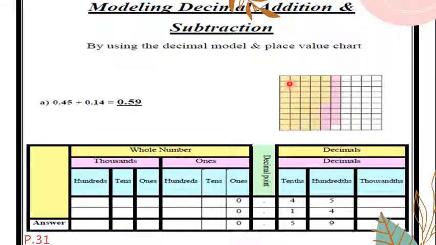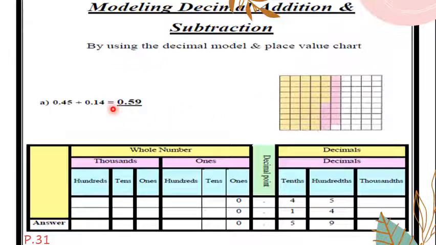So start here with the coloring 10, 20, 30, 40, and 1, 2, 3, 4, 5. I would start to color 45 from the 100.